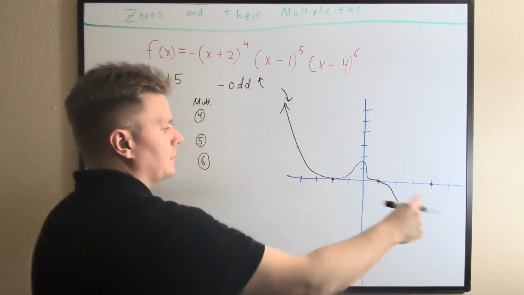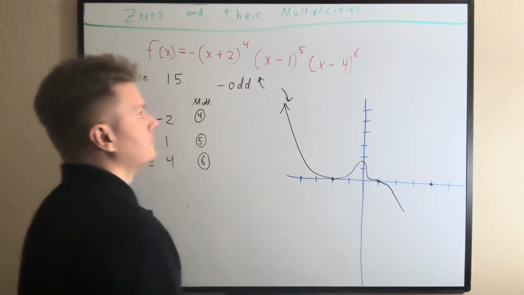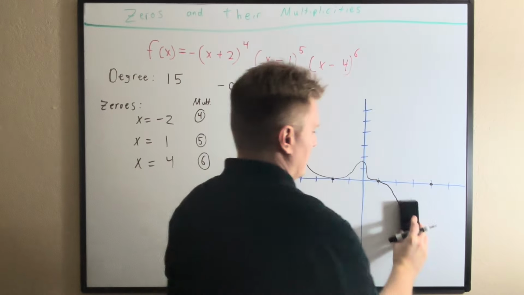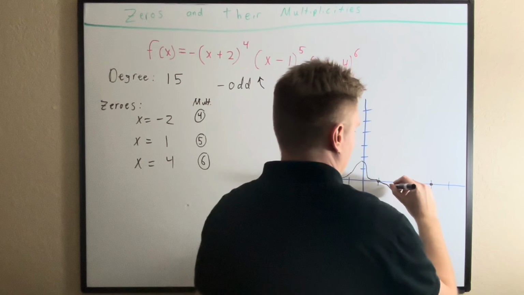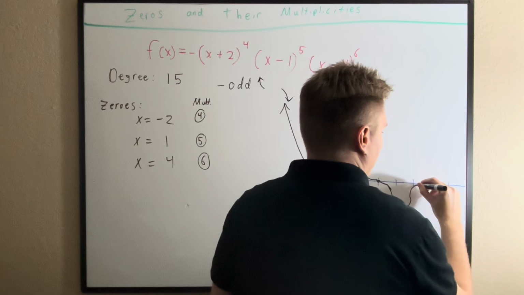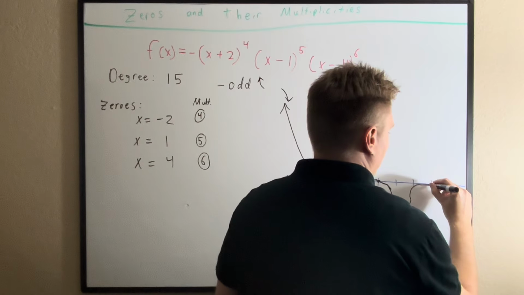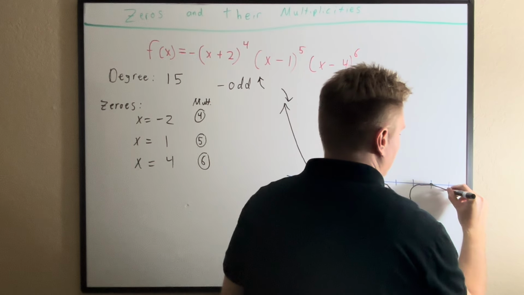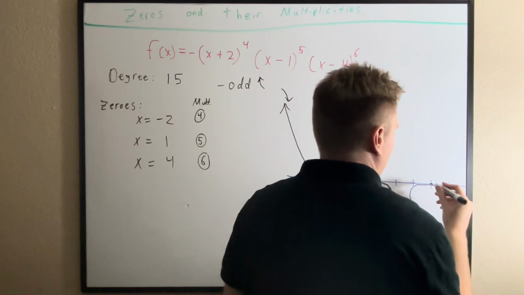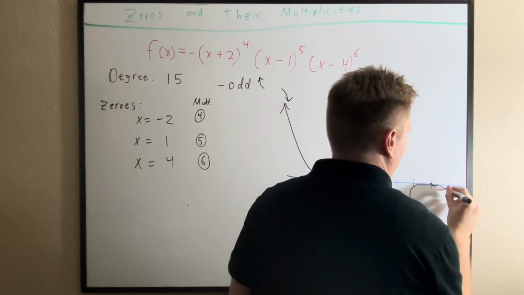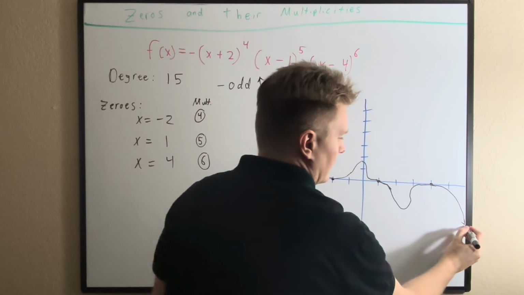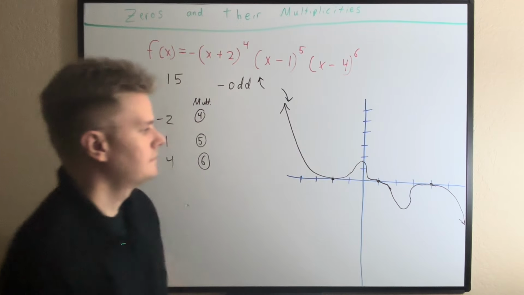There's still a little jump, but it's very flat there. Now, x equals 4, multiplicity of 6. It's going to be even flatter than the multiplicity of 4. It's just touch and go. There, just like that.